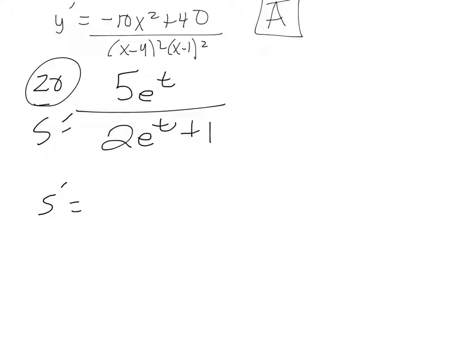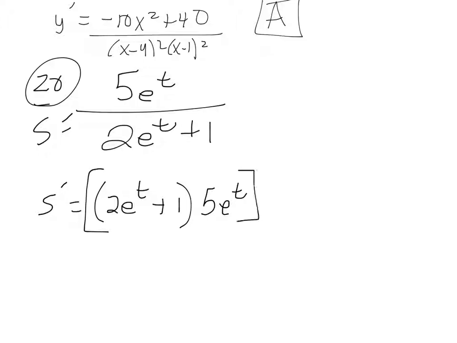So once again, I just go through and you ought to get where you say this stuff of leave the bottom alone times, what's the derivative of the top? There you go. Okay, because remember e to the t is just e to the t, and then we bring out the constant. Minus, leave that alone.